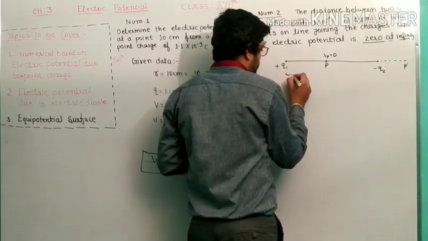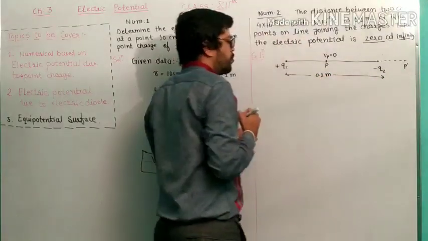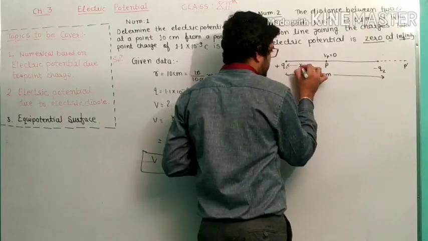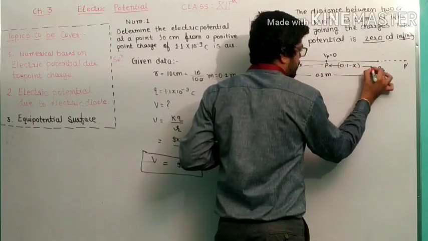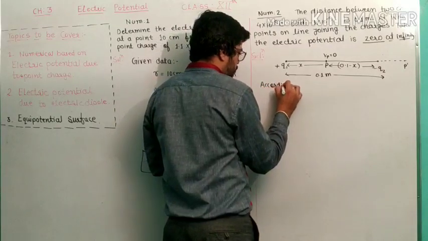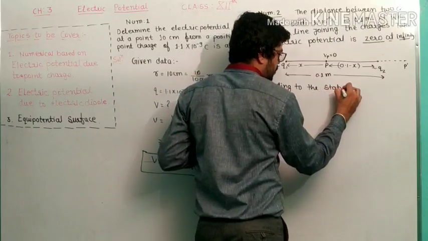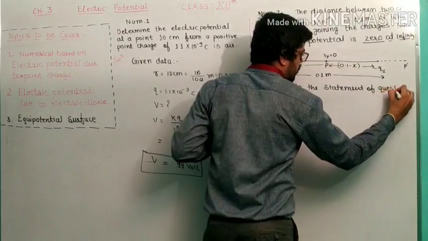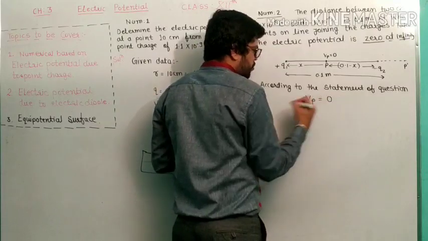So let's write the data given in the question. The distance between both charges is 0.1 meter. Assume this distance is x, so the other distance is 0.1 minus x. According to the statement of the question, Vp is equal to 0.